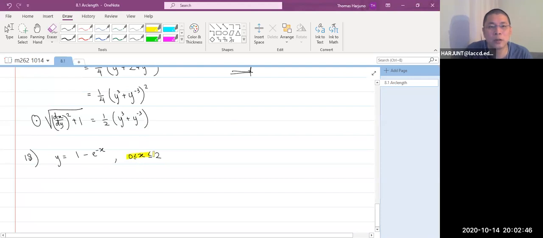The interval is from 0 to 2. Let me try this. So dy dx equals e to the negative x. dy dx being squared is e to the negative 2x.